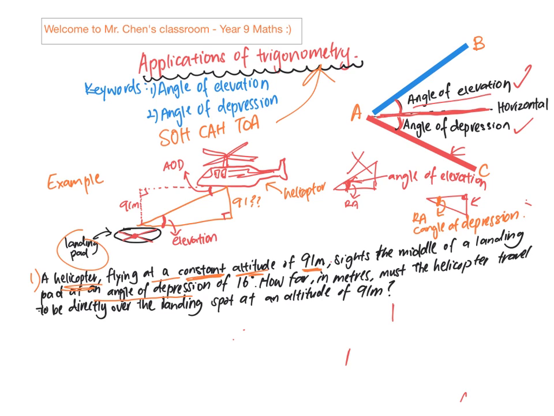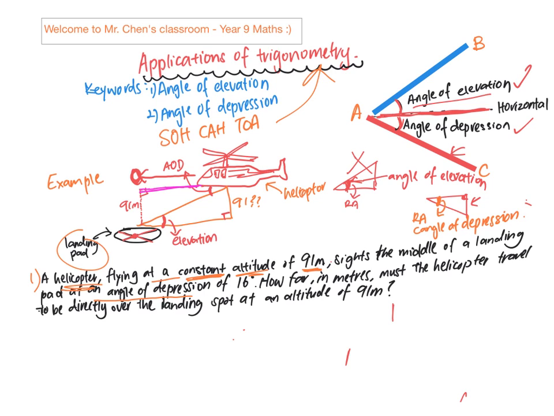So your helicopter has to travel all the way here, and then stop in the middle of the air, and then from there it goes down. So we have to find this length.